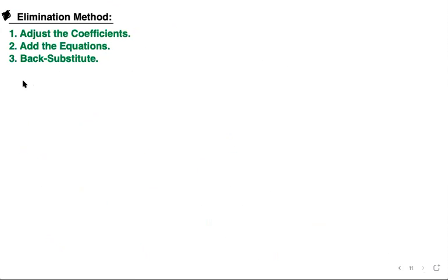The example is 3x squared plus 2y equal 26 and 5x. No, I'm going to use a different example. Sorry. I can use the same example, but it's better to use a different one. Equal 3.